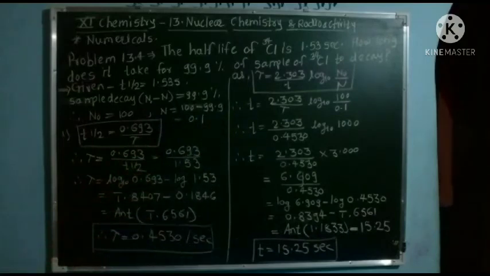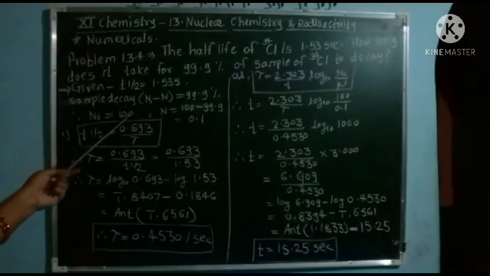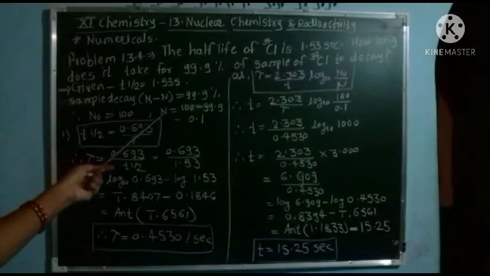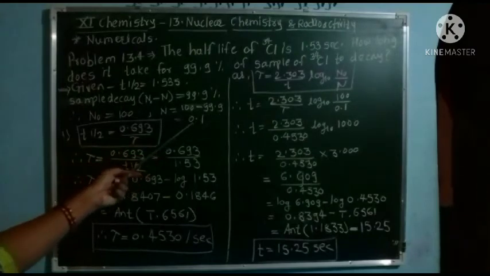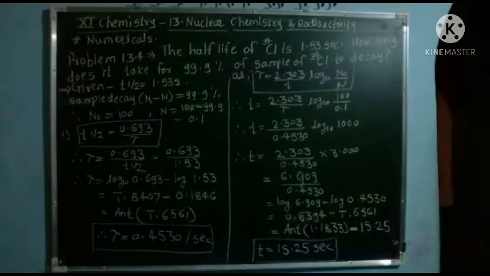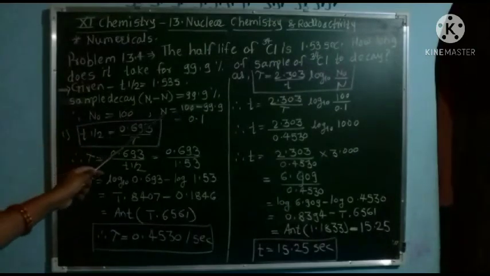Now if 100% of the sample is present initially, means n0 is 100, then the number of nuclei remaining is 100 minus 99.9, that is 0.1. Means we have the values of T half, n0 and n.